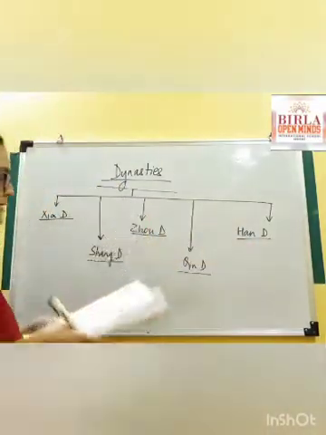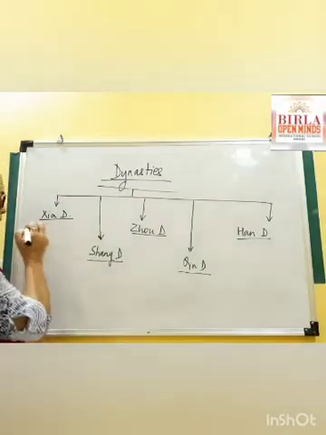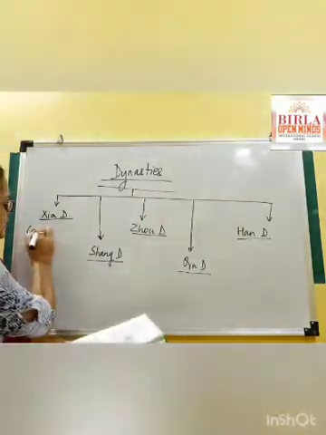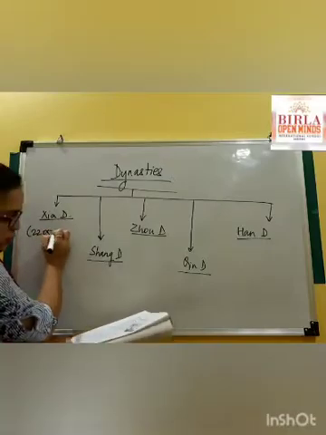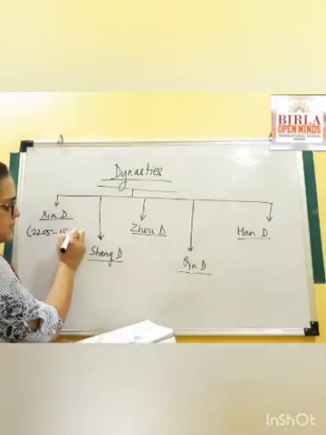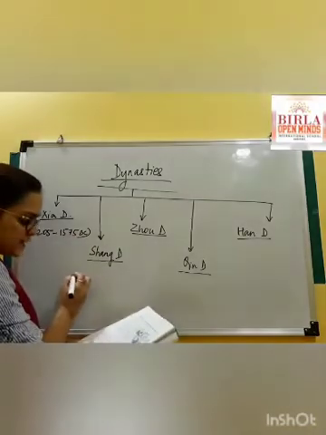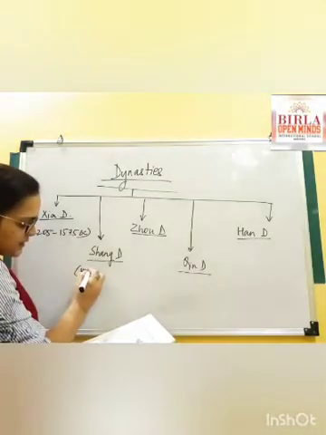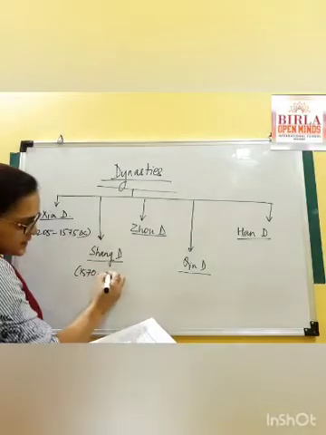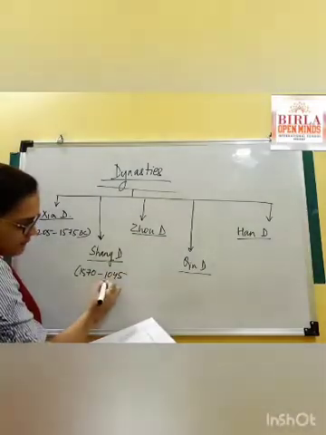The Xia dynasty was from the year 2205 to 1575 BC. Now the Shang dynasty was from 1570 to 1045 BC.